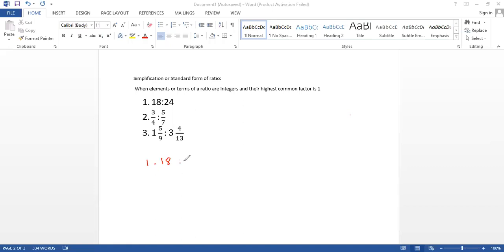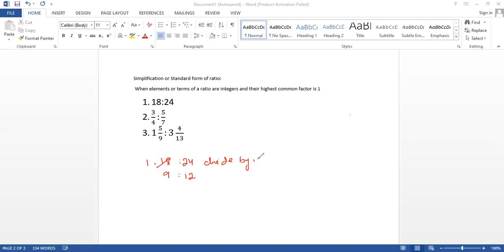So 18 is to 24. Now, in order to solve this, you can begin with the smallest number, if you find dividing with that is easier. So for example, if I start with 2, I know 2 9s is 18. So this is 9. And I know 2 12s is 24. So 12. So I have divided it by 2 over here.